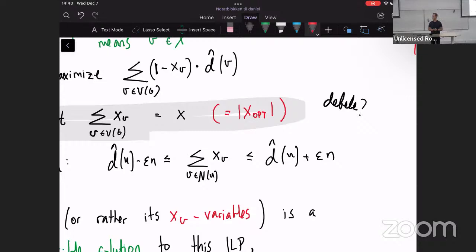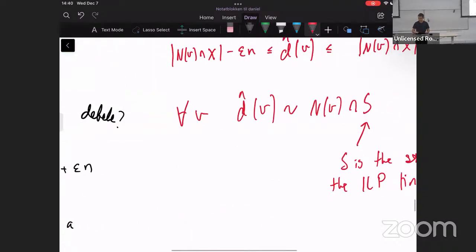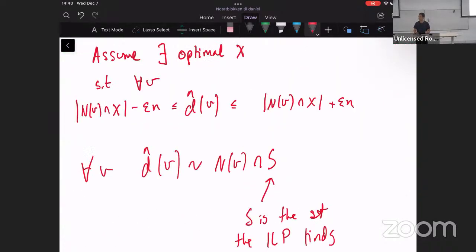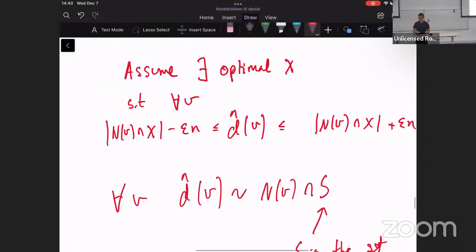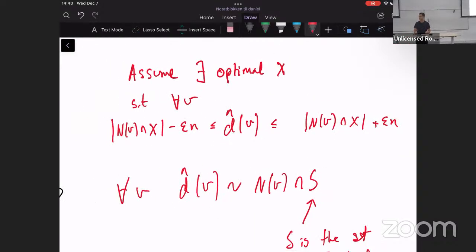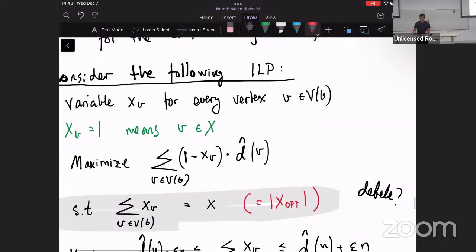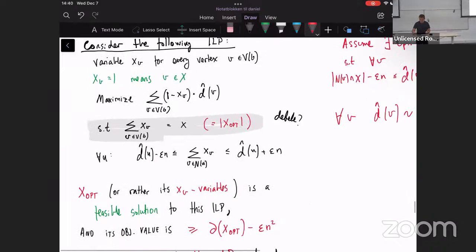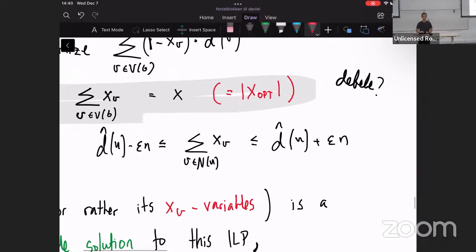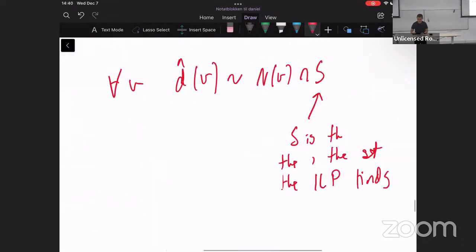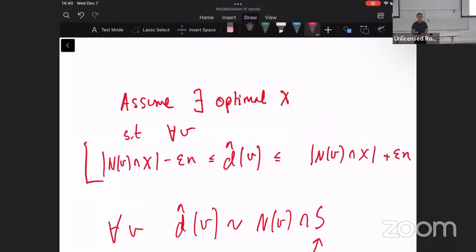We assume that there is such X. Exactly. So the X that we assumed exists satisfies this inequality here. And if you just rewrite this inequality in terms of which variables are 1 and which are 0, you get precisely this inequality here. So they are the same inequality, just written in different ways.